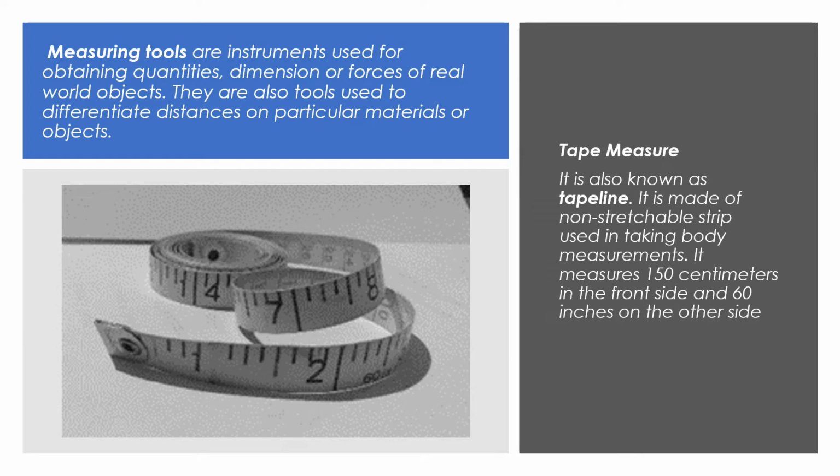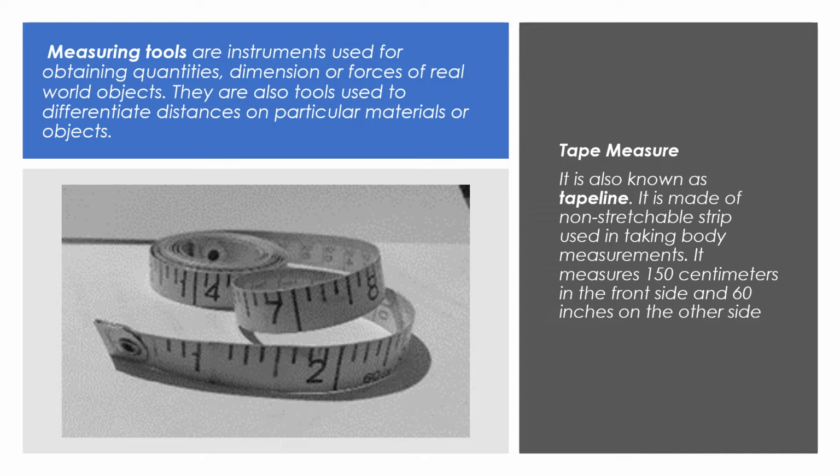For measuring tool, these are instruments used for obtaining quantities, dimension, or forces of real-world objects. They are also tools used to differentiate distances on particular materials or objects. Number 1 sewing tool is a tape measure.